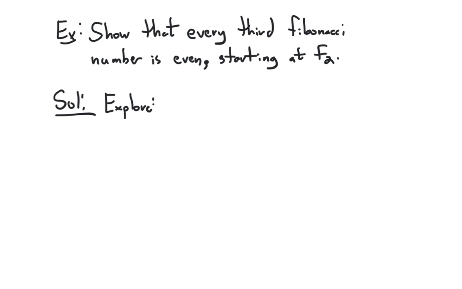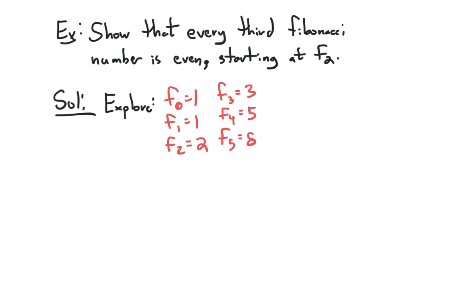So first, let's explore. So we know F0 is 1, F1 is 1, F2 is 2, and that is even. F3 is 3, F4 is 5, F5 is 8, and that's even.